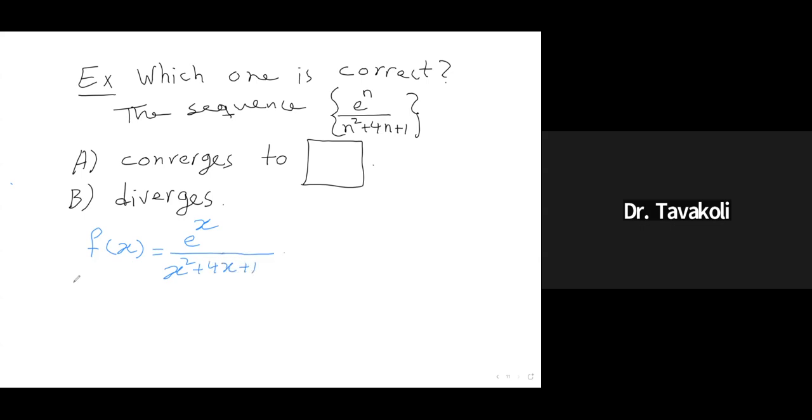Now we find the limit of this function as x tends to infinity, e to the x over x squared plus 4x plus 1. As x tends to infinity, both the top and the bottom tend to infinity. So I need to use L'Hopital.